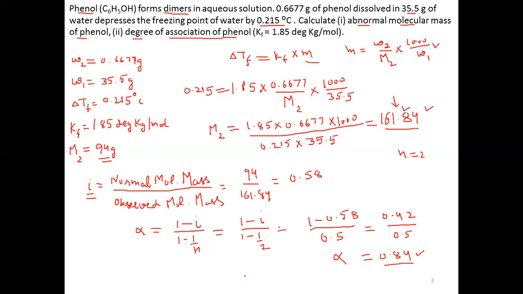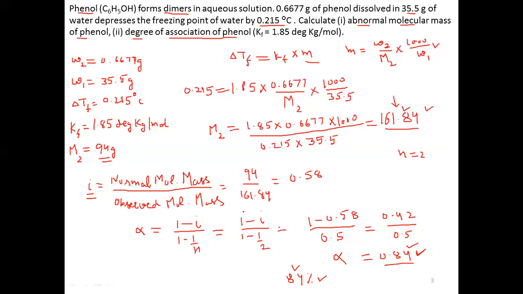If we have to write it in terms of percentage, we have to multiply it by 100. We can say 84% of the molecules, out of 100 molecules, 84 molecules are associated. 84% molecules of phenol are associated, or simply alpha is 0.84. That was what we had to calculate.